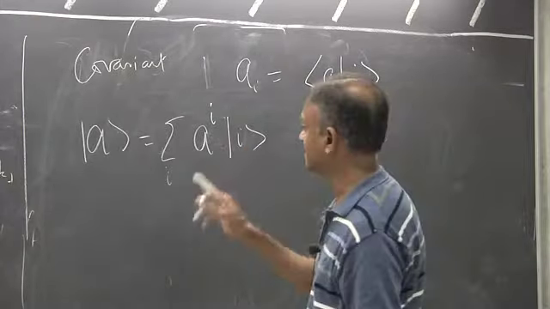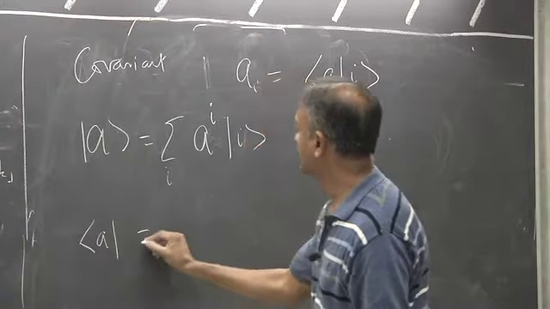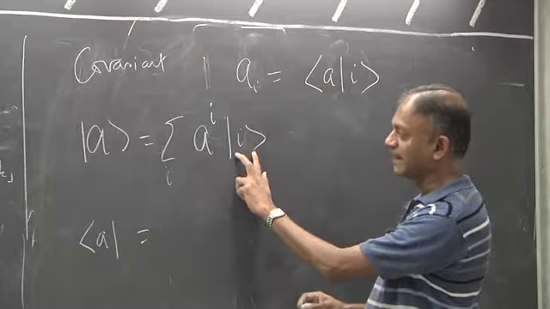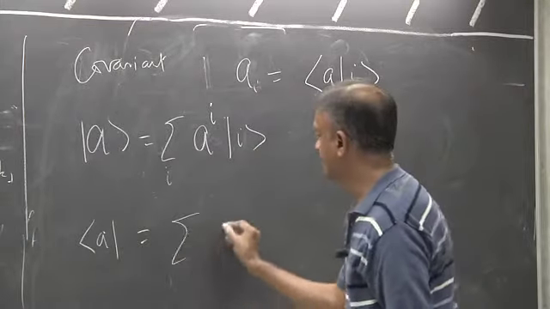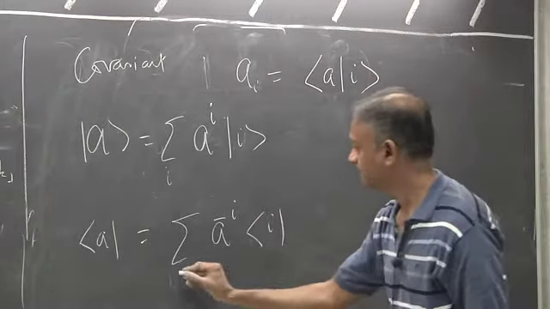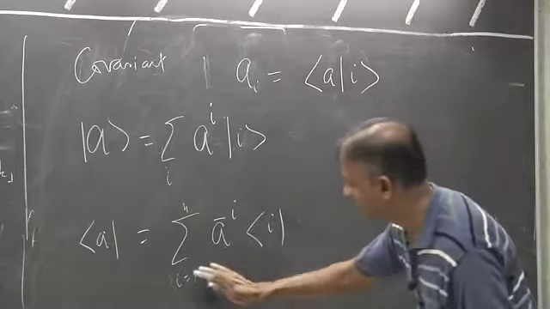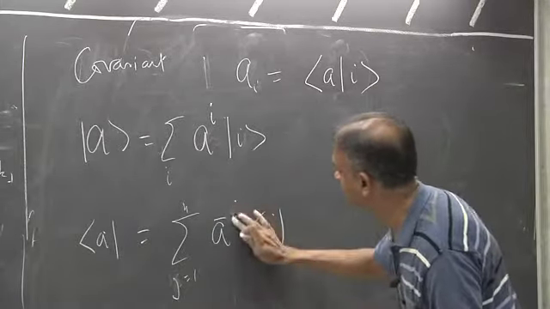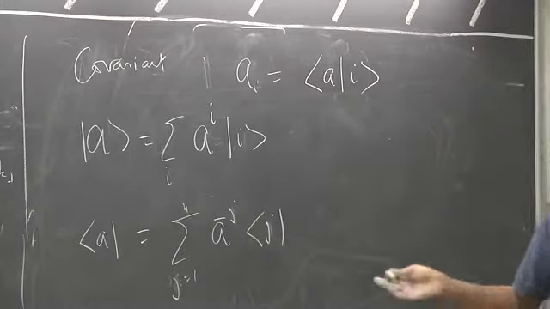So what is the dual vector here? When you take the dual, you have to take the complex conjugate of the coefficients. So this is A bar i and the dual vectors of the basis. Actually, let me put j here, because this is a dummy index, and you can always change the label to whatever you want.